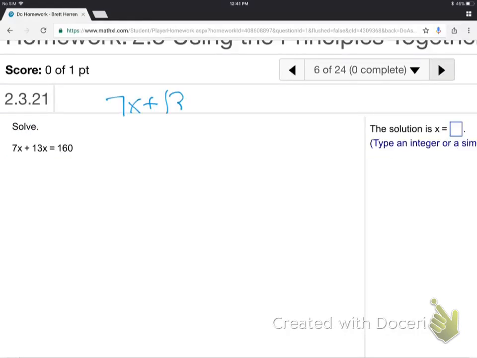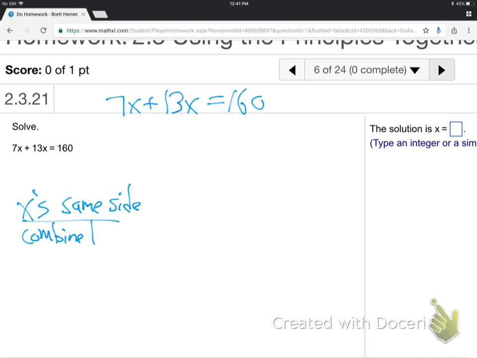So 7x plus 13x is 160. Notice those both have x's. Let me write a couple instructions. X's on the same side, combine like terms. So yeah, those x's are on the same side, aren't they?